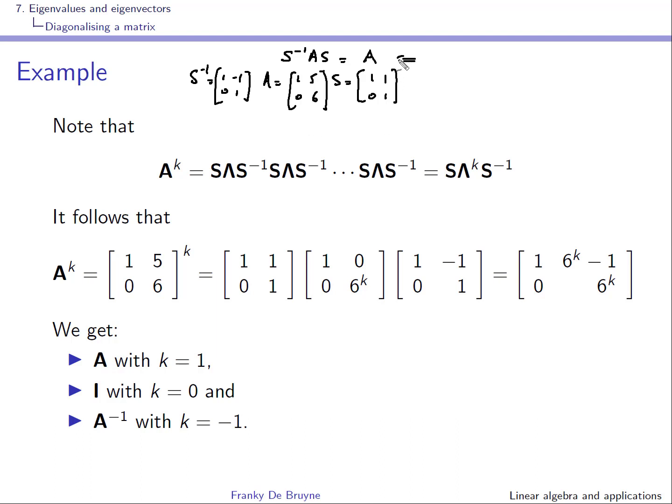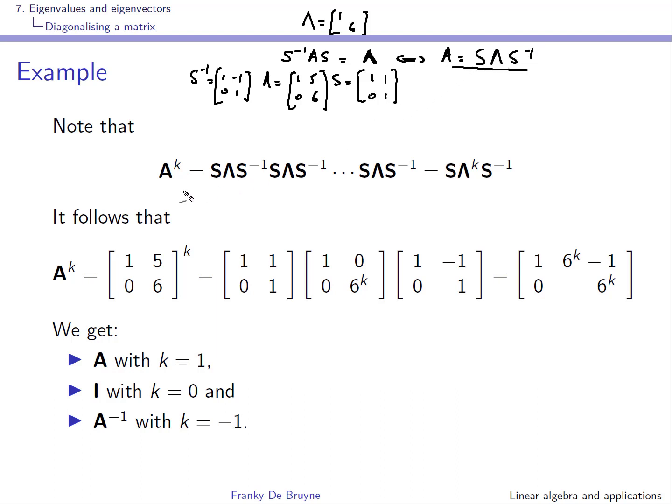This is equivalent to saying that, well, here it's not A, of course, it's lambda. So it's a diagonal matrix, and in this case lambda was equal to the eigenvalues 1, 6. So this is equivalent to saying A is equal to S lambda S minus 1.